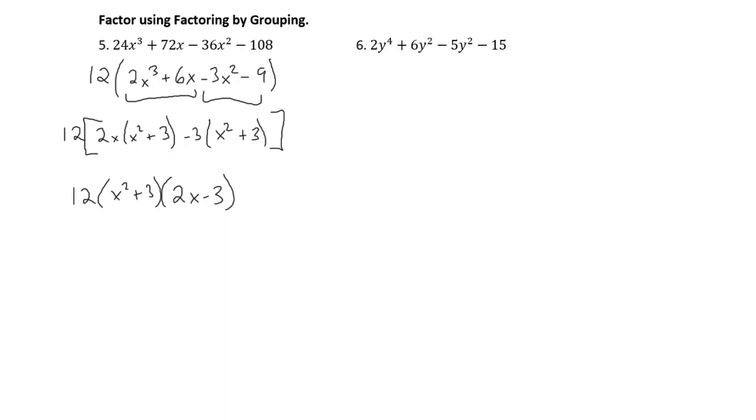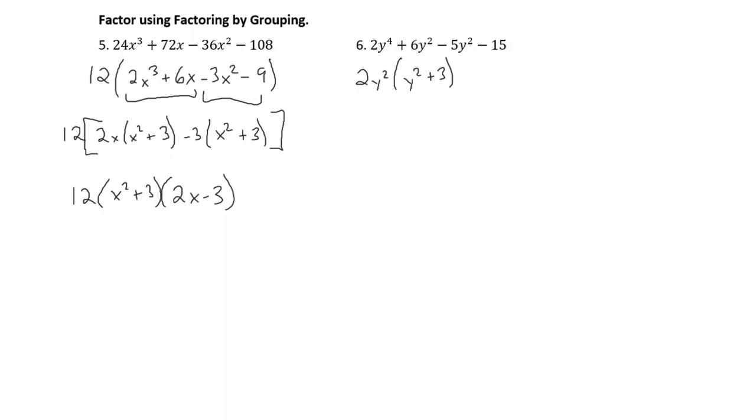Here I've got some big numbers, but this is 2, and this is a multiple of 2, but these two are not. So there's not a GCF I can factor out. So I'm going to start with the 2y squared. After I pull that out, I get a y squared plus 3.